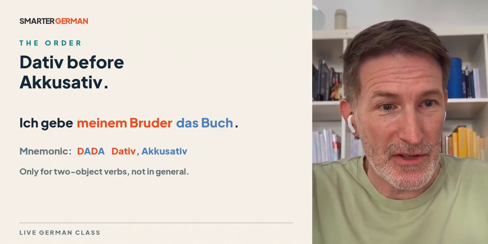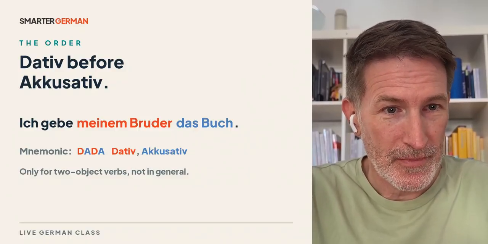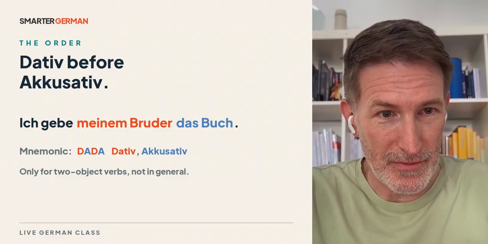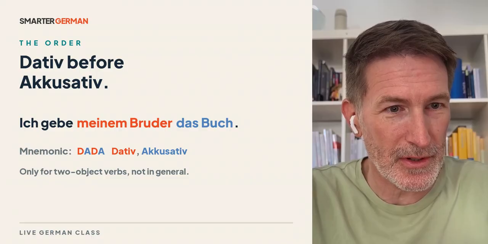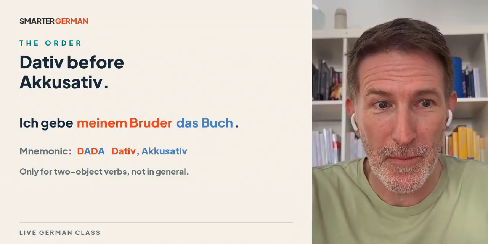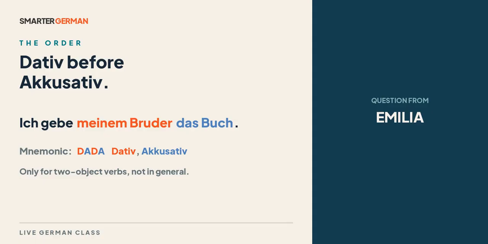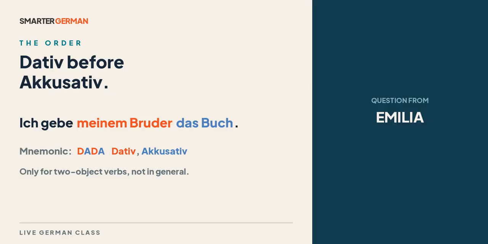Now, the first one is right? So first you have the dative, meinem Bruder, and das Buch is Akkusativ. May I ask how I know which is accusative and which is dative? How do you know? It's okay if you're wrong.